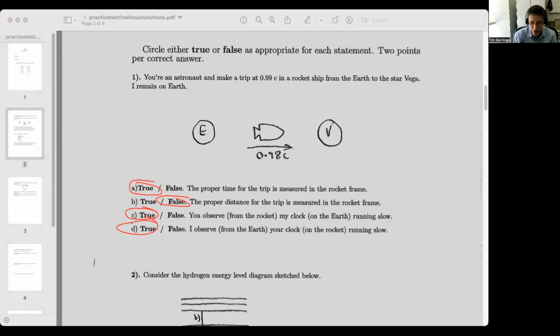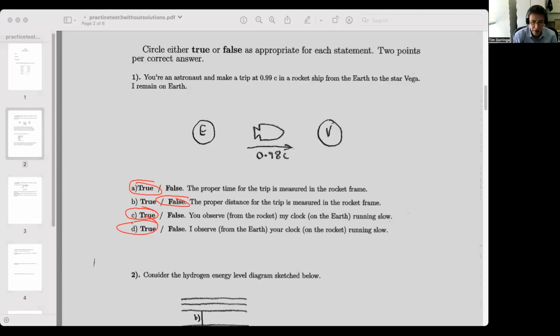So when I look at the astronaut's clock, and the astronaut looks at my clock, we both see that the other person's clock, which is in motion, is running slow. So there's no one reference frame where you measure the right time or the right distance, for example.